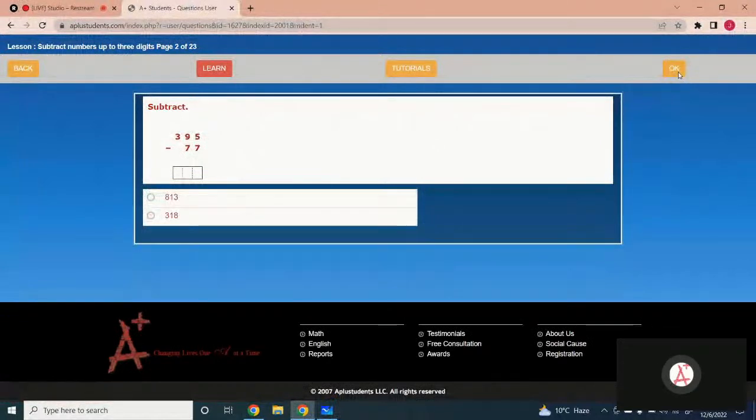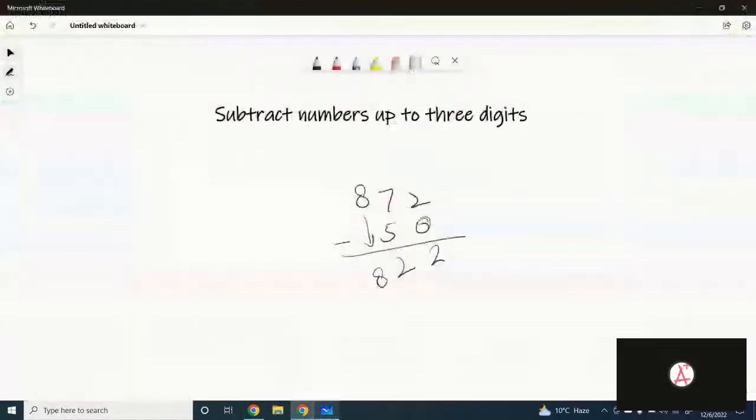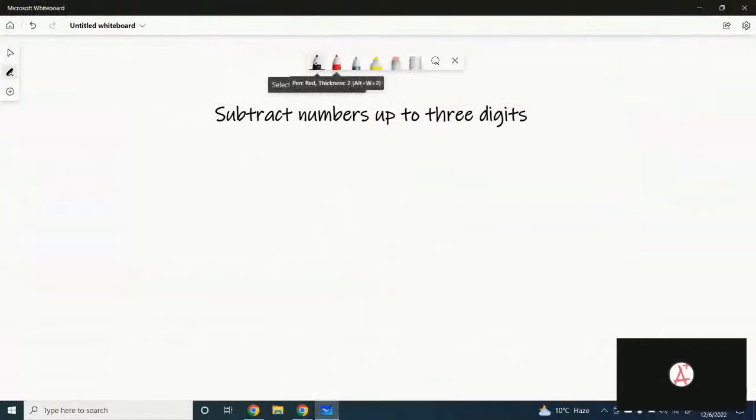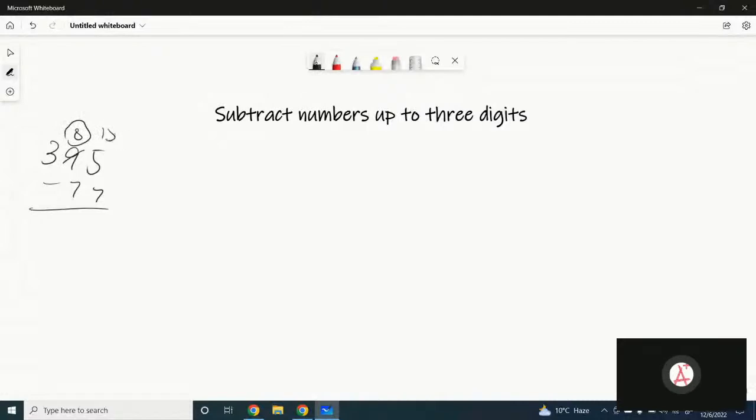Very good. Okay, the next one is 395 subtract 77. Can we subtract 7 from 5? No, we cannot, so borrow 1 from here. When you borrow 1, you're left with 8 here, and now you have 15.